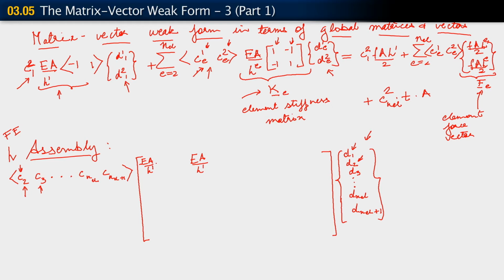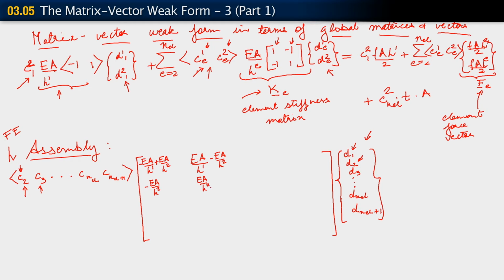We get minus EA by H1 from element 1 plus EA over H2. Here we would get minus EA over H2. Down here we would get EA over H2 with the minus sign, and here we would get EA over H2.